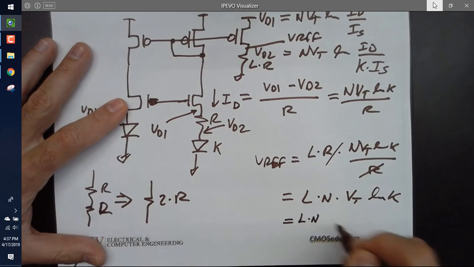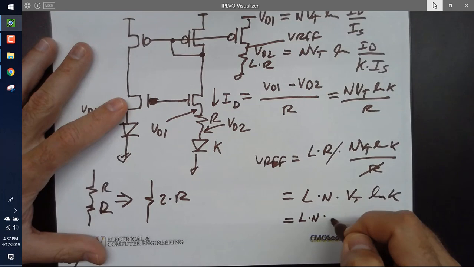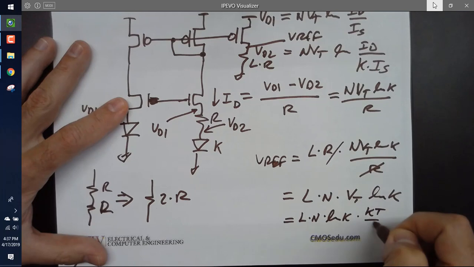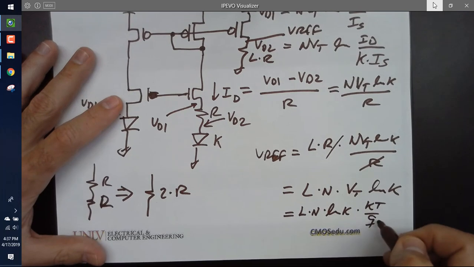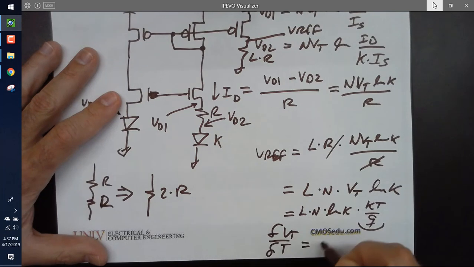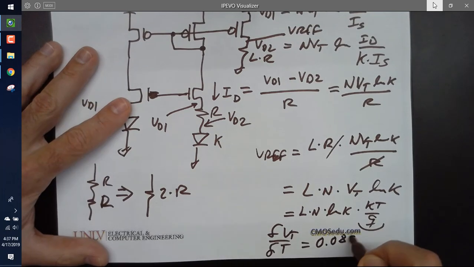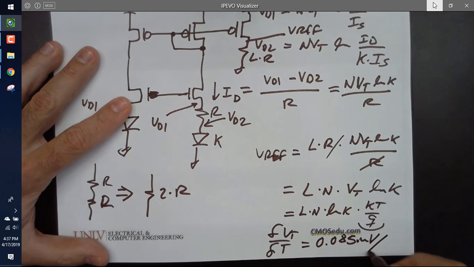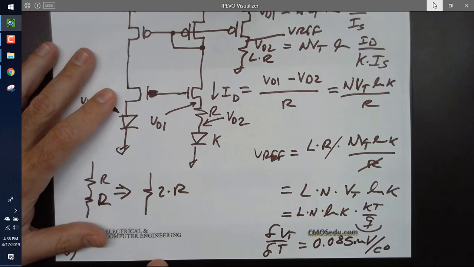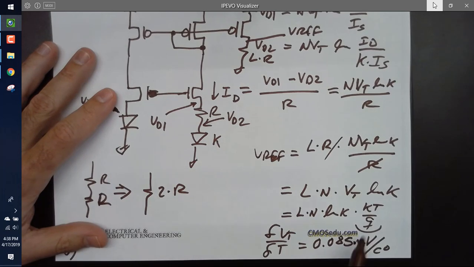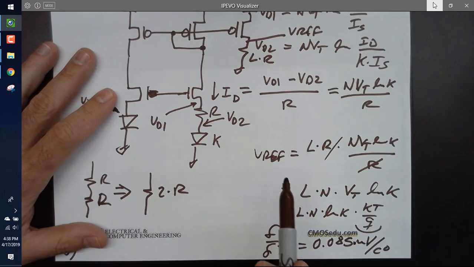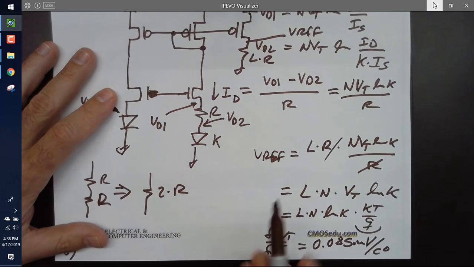So we get L times N times natural log of K times kT over q. When I take the derivative, the derivative of VT with respect to temperature is equal to 0.085 millivolts per degree C. And we called that what? No, what do we call a voltage reference that increases in value with temperature? PTAT.